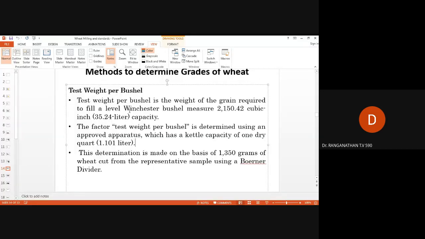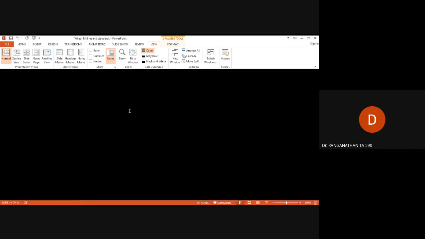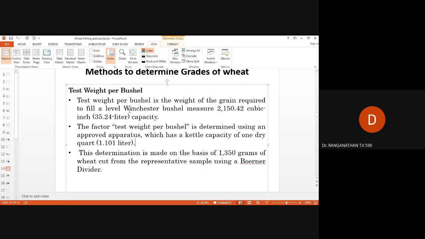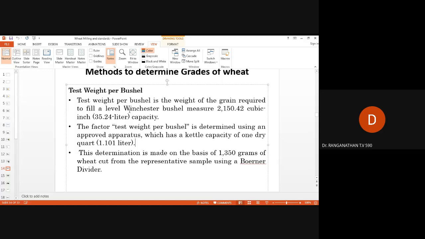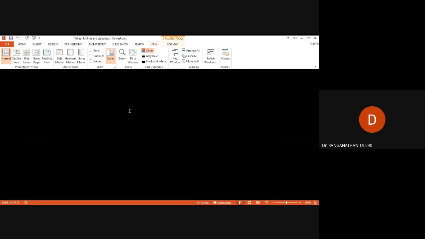Normally, when the number of broken kernels is much higher, you obviously know that the gains will be much less. So for the industry or for the manufacturer or the processor, it is always better that he has less amount of these brokens and the other things. So actually you cannot call it a loss, but loss in terms of full or whole grain.